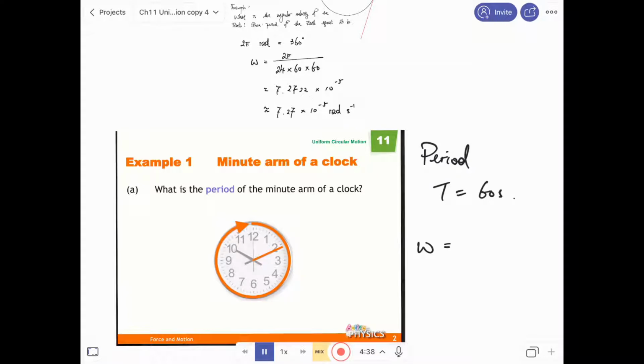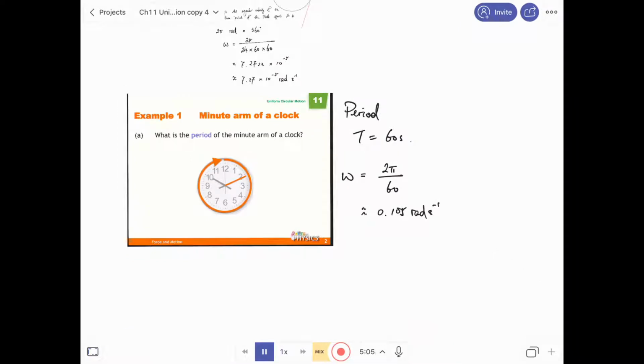Well, since the arm rotates 360 degrees, and that is 2 pi from the radian perspective, so that is 2 pi over 60. And once again, our unit is radian per second. Well, now students, you may have noticed one very important property of angular velocity: angular velocity and period T are interrelated and governed by omega equals 2 pi over T.